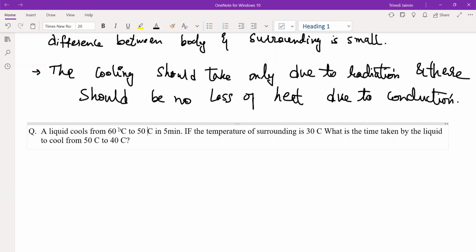Okay. So what are the given things? Theta 1, theta 2, they're directly proportional. That's what they're giving.